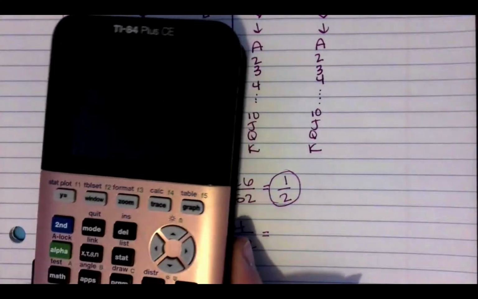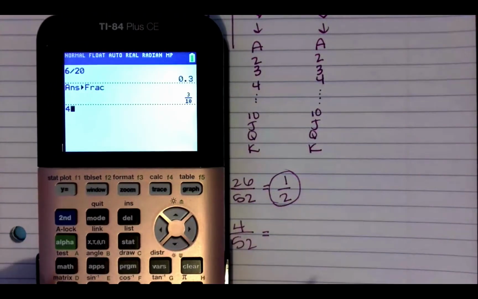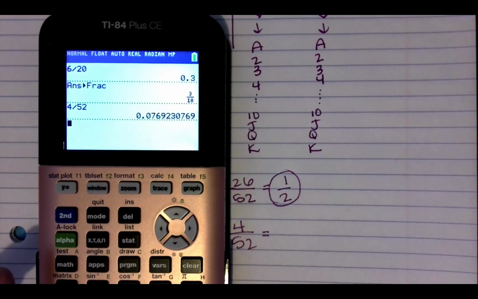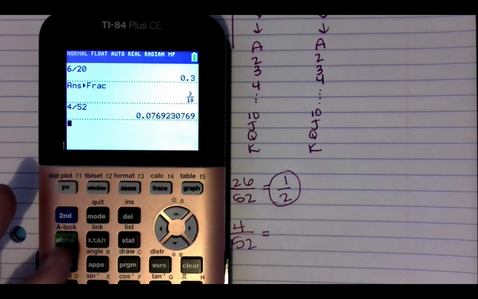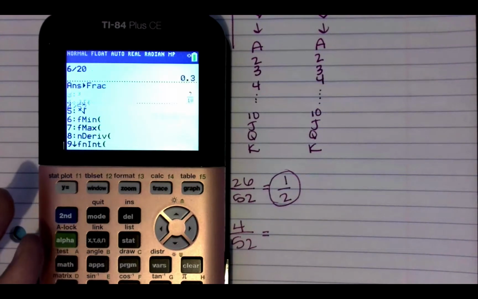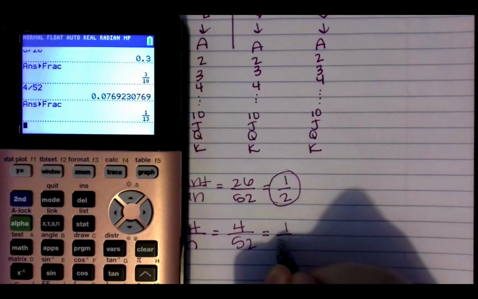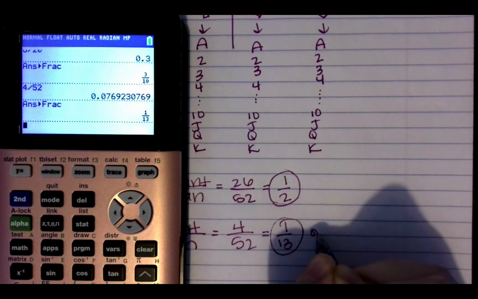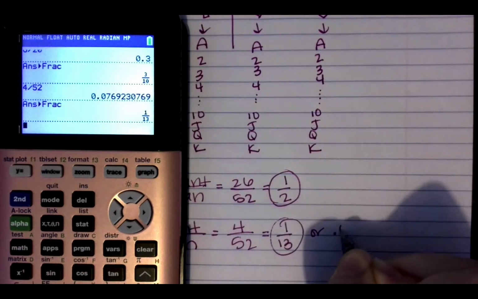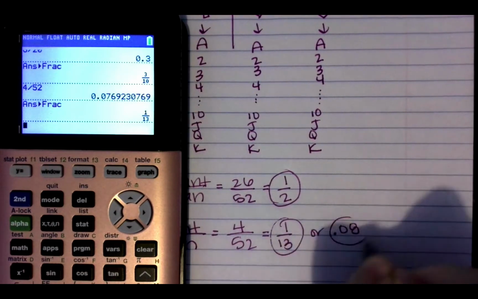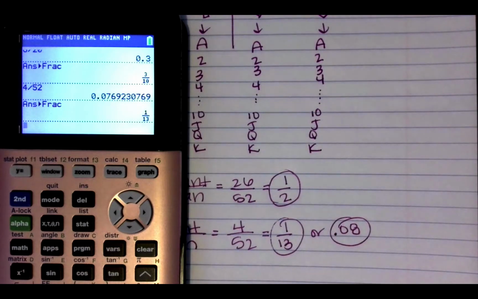I'll show my work on this guy if we want to. 4 out of 52. We get a decimal. Probably don't want this decimal. We might on some of the homework. That's fine. There we go, 1/13. So I think on this one, 1/13, or let's put the decimal, just in case we wanted it, I'll round that to 2 decimal spots. I won't put the percentage. That's fine.